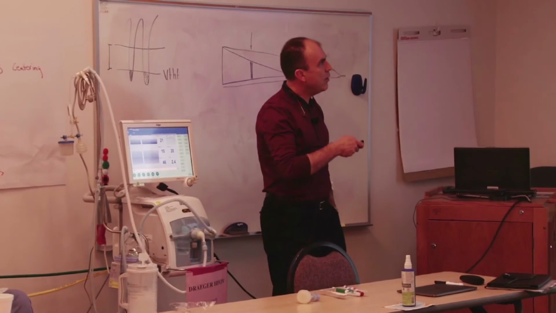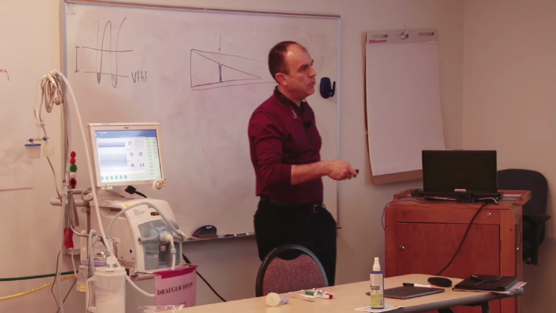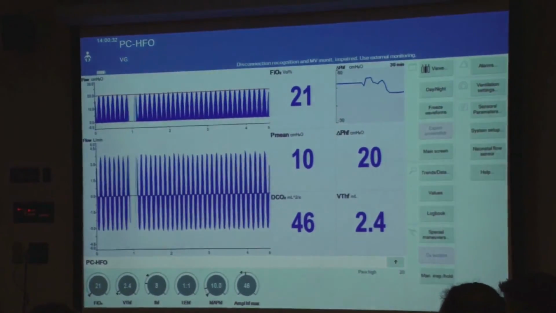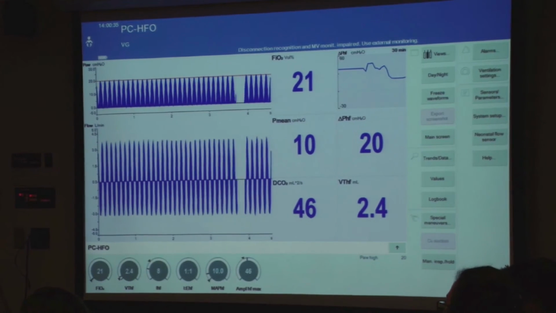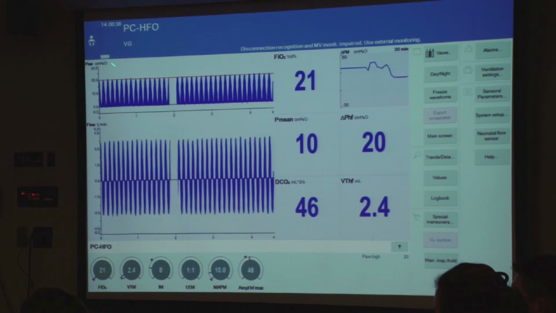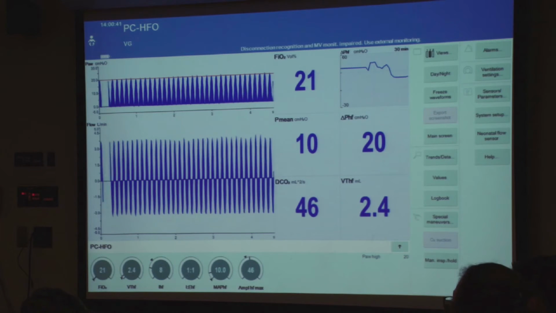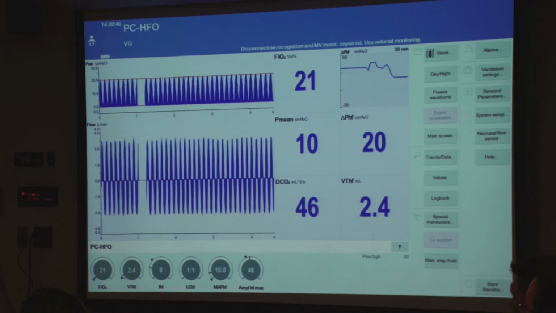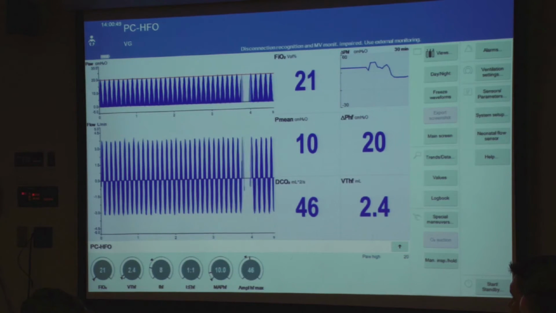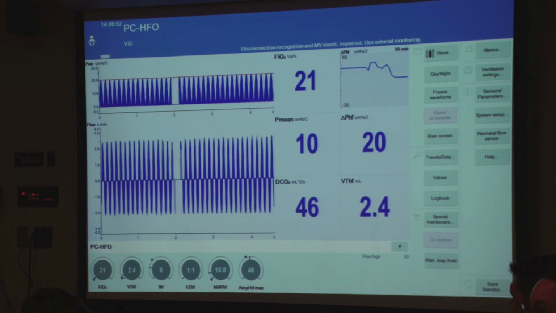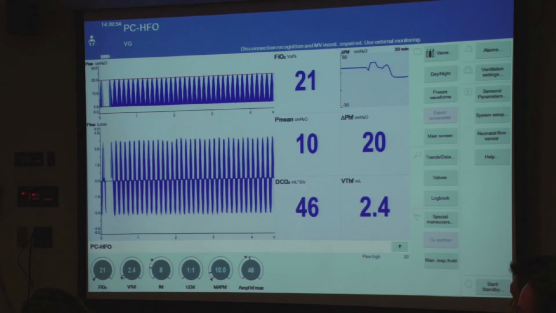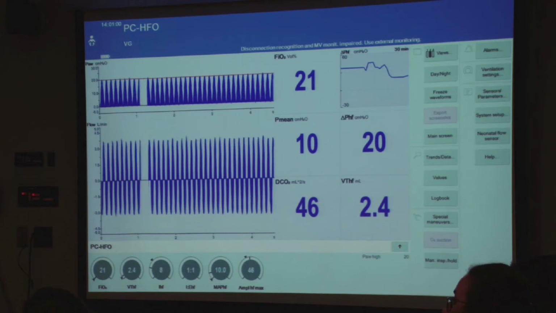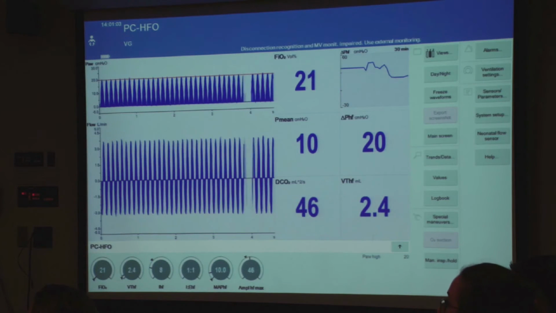Here, when you're in volume guarantee, you just dial a higher VTHF. If you're on conventional high frequency, then you either increase amplitude to reach a higher VTHF or decrease frequency, and that, as we saw, will increase VTHF. So that would be our approach.